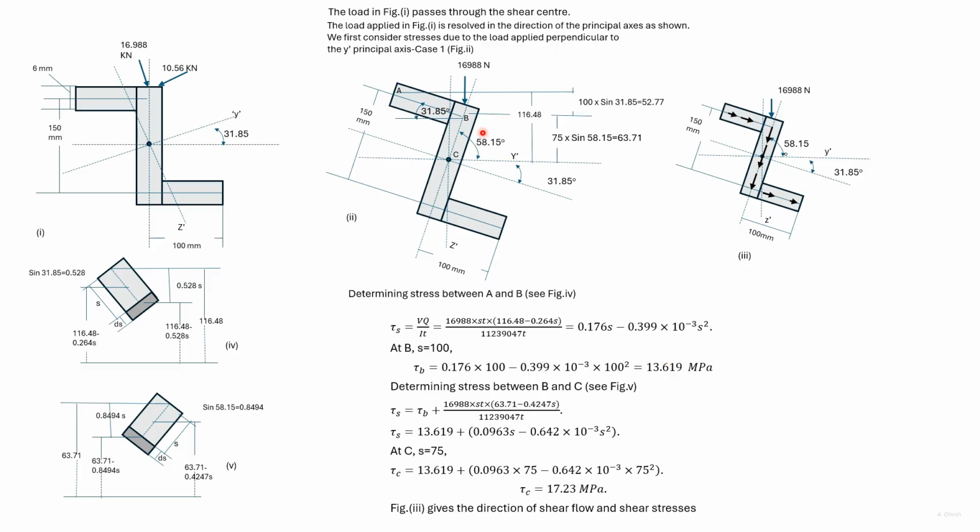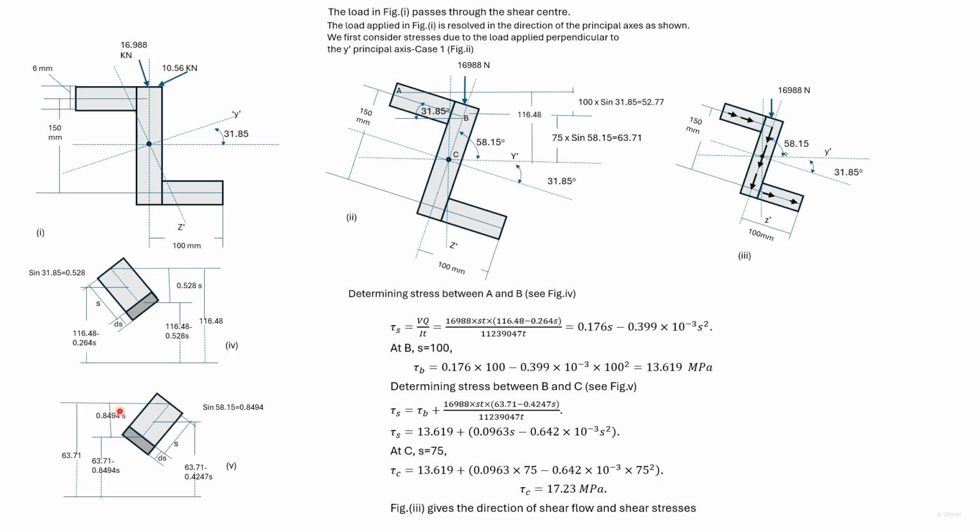We now determine the stress between B and C. As earlier, we considered a portion of length S. Then this angle is 58.15 degrees and sine of that angle is 0.8494.